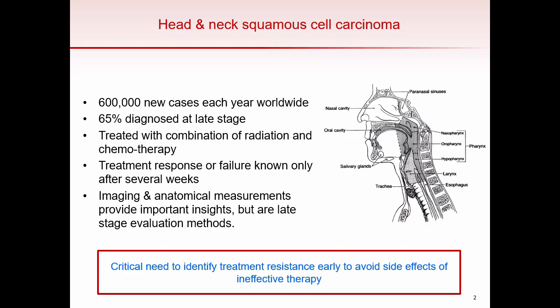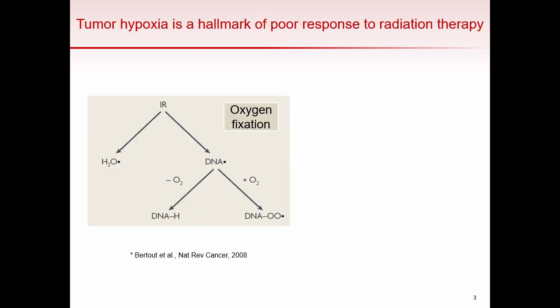Now, if we take a closer look at how radiation works, exposure of cells to ionizing radiation creates free radicals either in the form of DNA or water molecules. In the presence of oxygen, this free radical in DNA will form a peroxy radical, which is capable of modifying DNA.